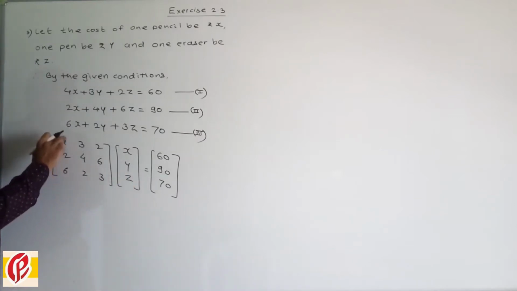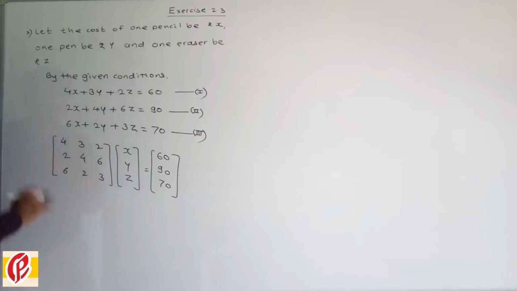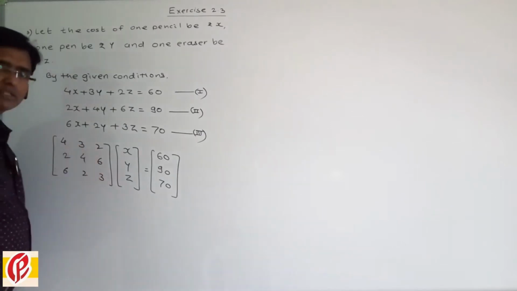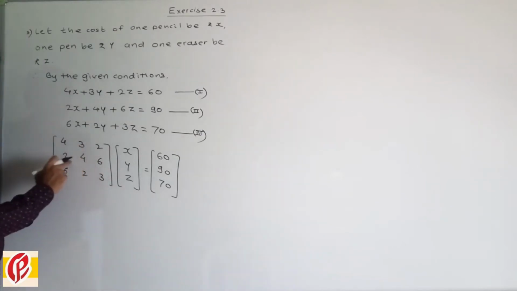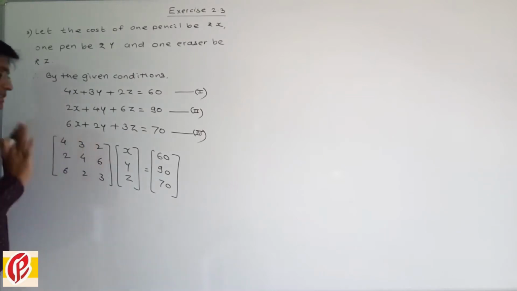If you make the first element 1, then it will be very easy to solve this problem. So how to get 1 here? See, in the second row, there are 2, 4 and 6. If you divide the second row by 2, you will get 1 here. Then interchange row 1 and row 2, and you will get 1 in the first position.